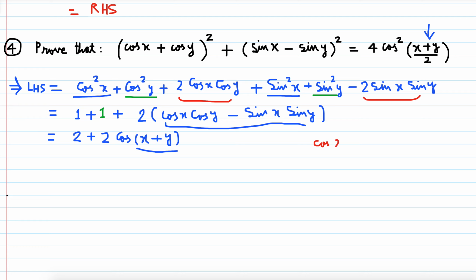So we know the formula of cos 2 theta is equal to cos square theta minus sin square theta, or 2 cos square theta minus 1.